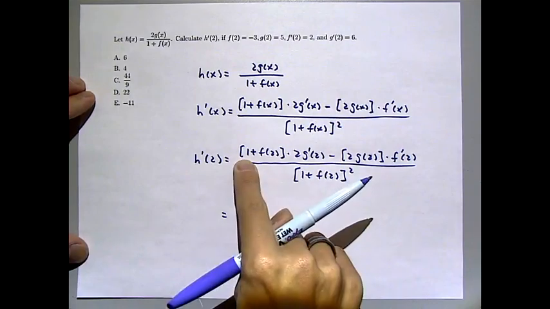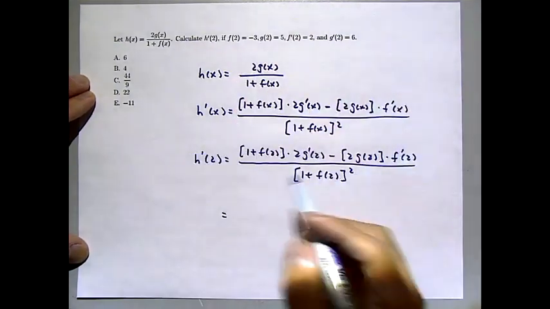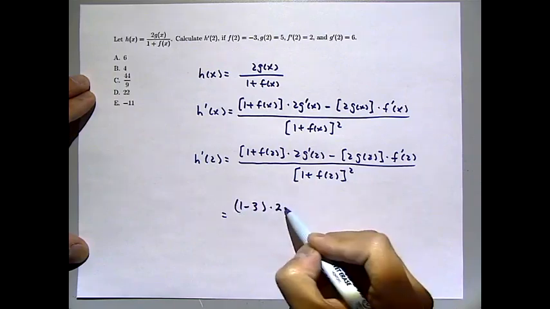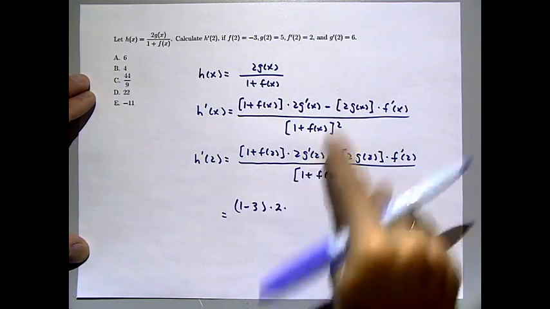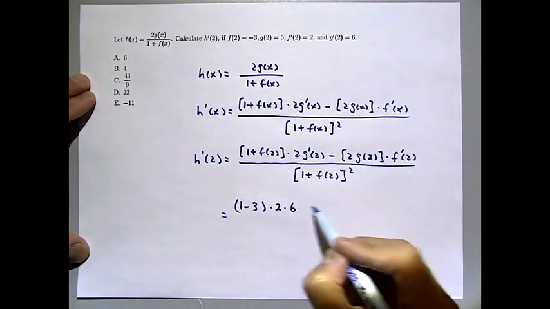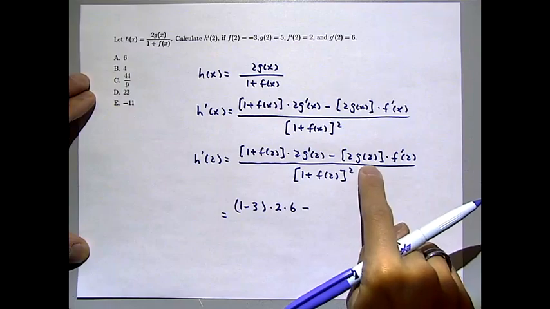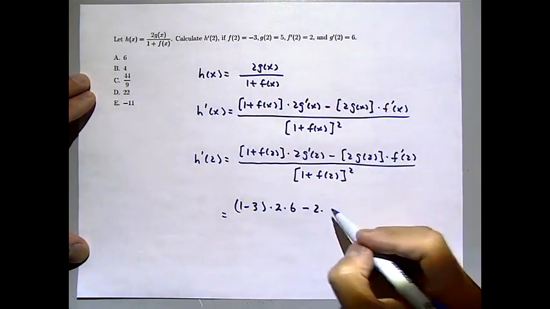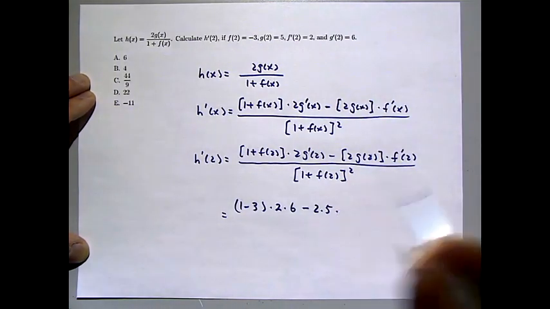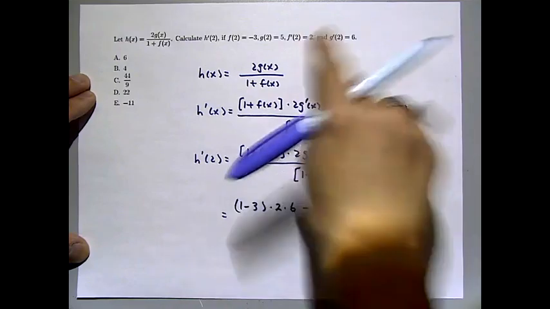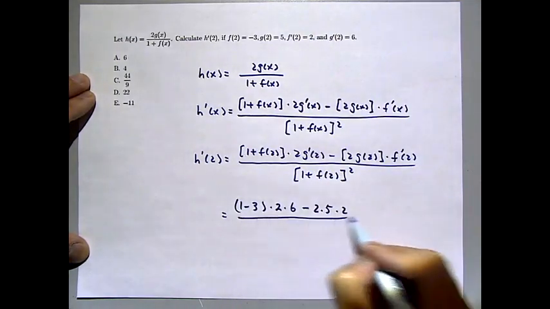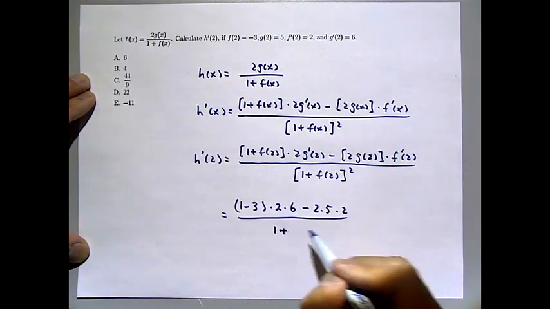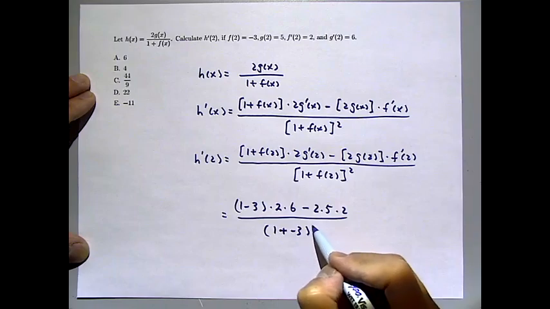This is 1 plus minus 3, 1 minus 3, times 2 times g prime of 2. What's g prime of 2? 6. Minus 2 times g of 2. 2 times g of 2 is 5, so that's a 10, times f prime of 2, what is it? 2. All divided by 1 plus negative 3, the whole thing squared.